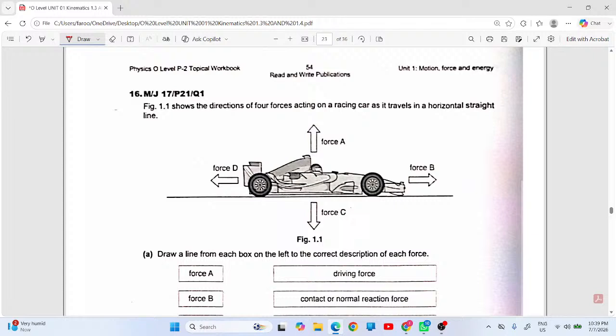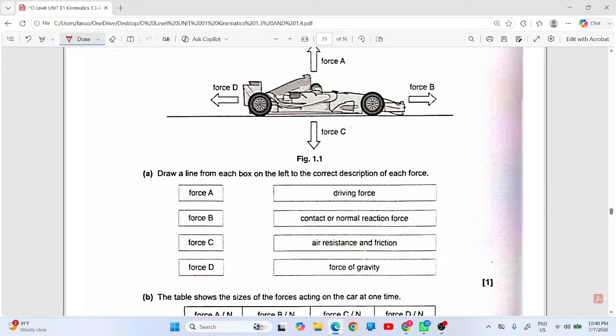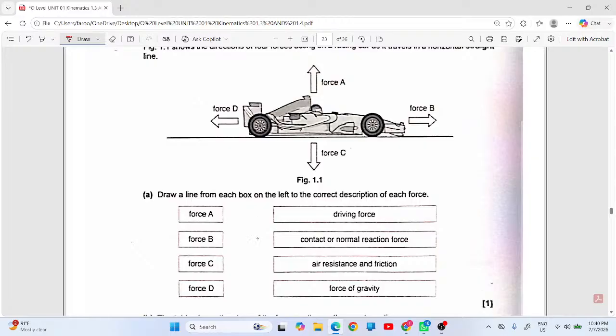One more question. Read question number 16. The figure shows the direction of four forces acting on a racing car travelling in a horizontal straight line. Draw a line from each box to the correct description of each force. A is the reaction force, the normal force.